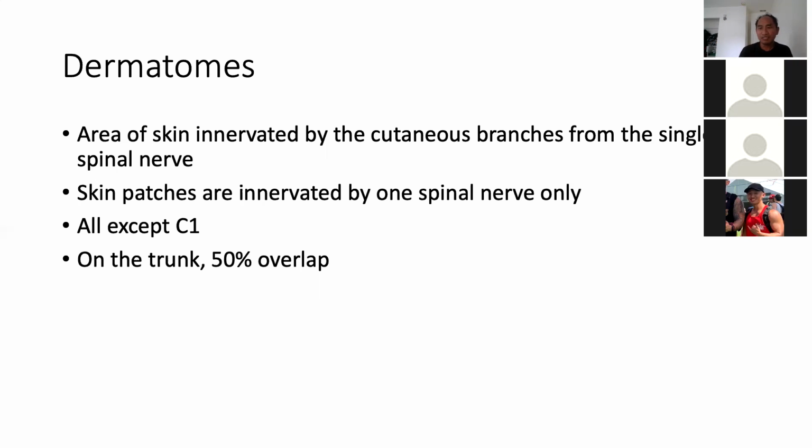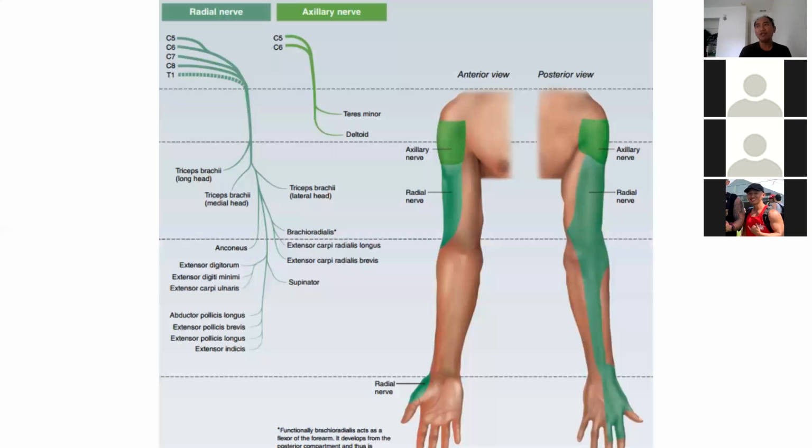So for example, if we look at the radial nerve or axillary nerve, radial nerve is a combination of cervical 5, cervical 6, cervical 7, cervical 8, thoracic 1, and axillary nerve is cervical 5, cervical 6. So they are mixed and matched already.